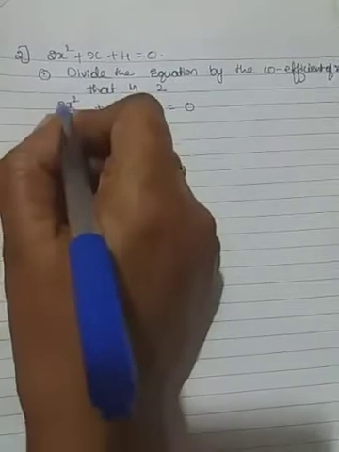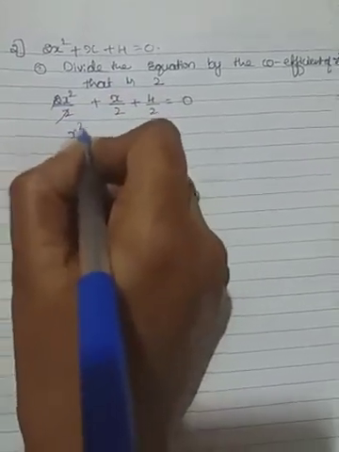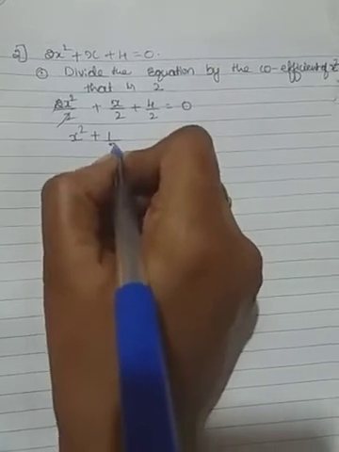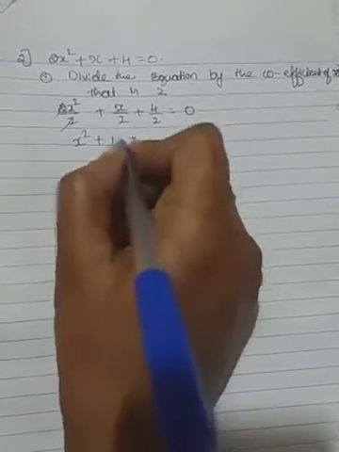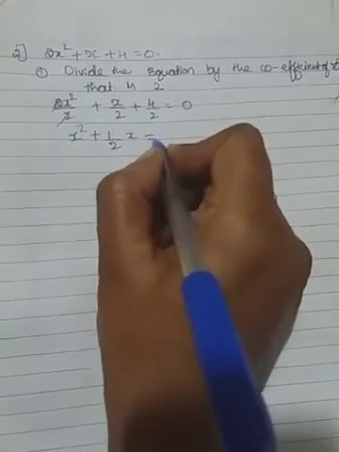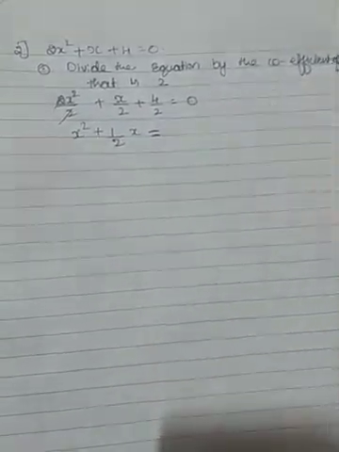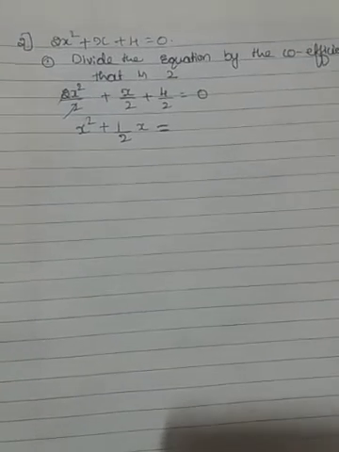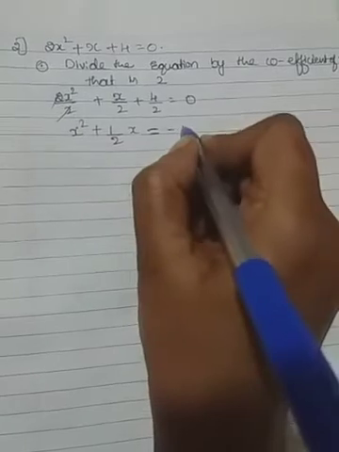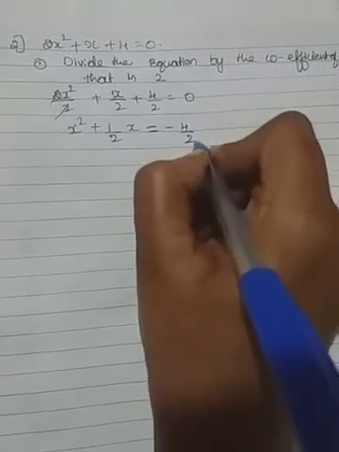Okay, so here the 2s get cancelled. x square plus, if we separate the term under coefficient 1 by 2x, it will become x, because 1 into x is x only, divided by 2, equal to, if we take 4 by 2 to the RHS, this is also one more step, it will become minus 4 by 2.